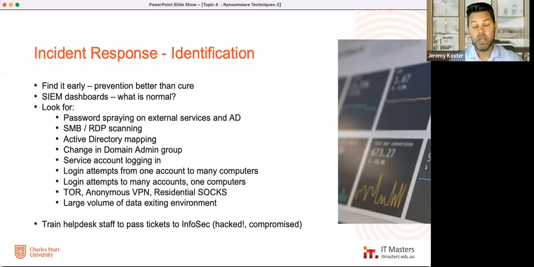So it's getting those dashboards, visualizations of what's normal, right? So you want to be able to see where, you remember global maps of where people are connecting into for Office 365 or from your VPN, and then you want to understand what looks normal for your organization.